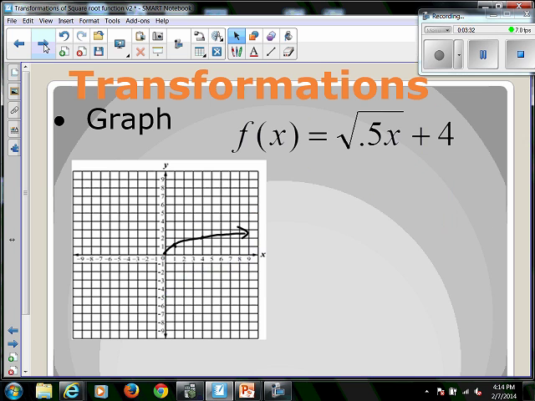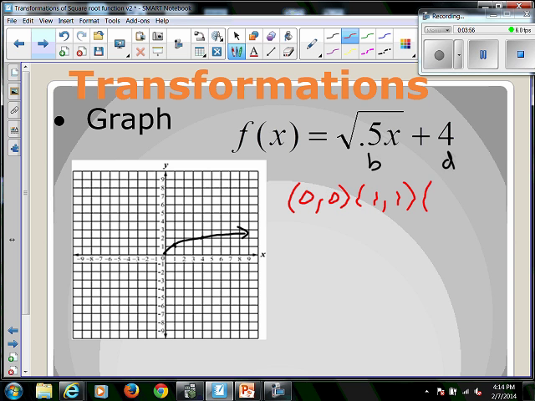This time we have B and D again, but notice B is between 0 and 1. So we're going to have a shrink by a factor of 0.5 and a vertical shift up 4 units. Again, get my 3 ordered pairs, and we're going to multiply both x and y by 0.5.